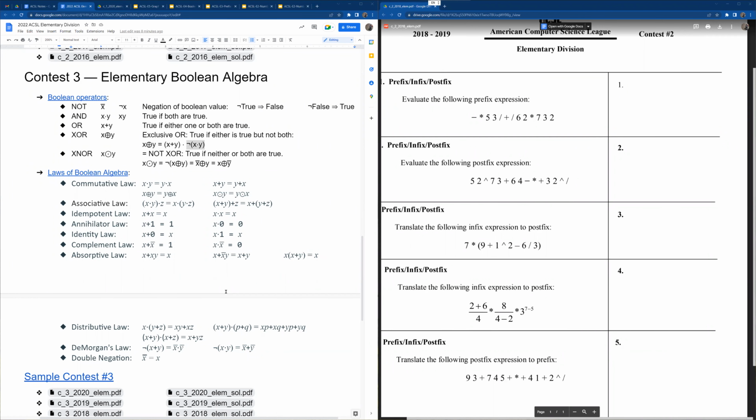So if you have X and not X, it's always false. They cannot both be true. Logically, if something is true, then not that thing is always false.